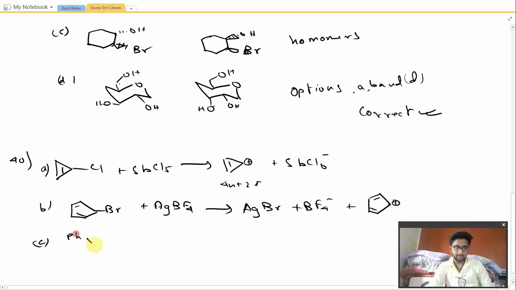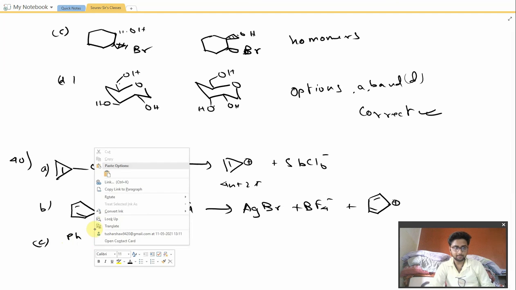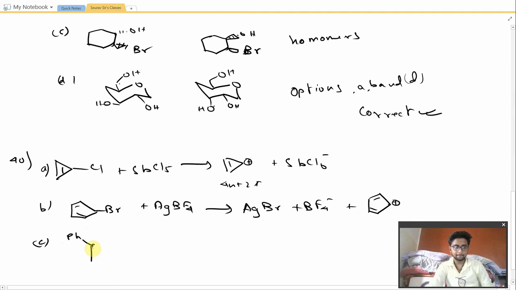In this case we have Ph, sorry, COPh, and we have Ph over here. Now if we give NaH, what would happen is H minus would take up one H from here, and a minus charge would be formed over there.